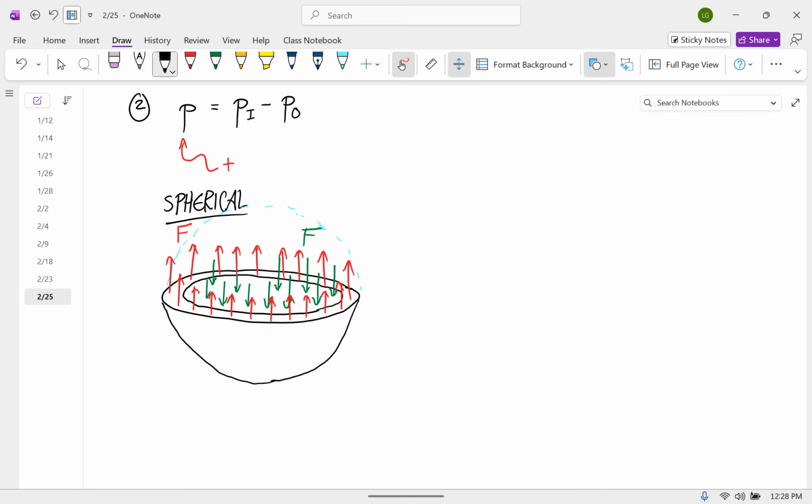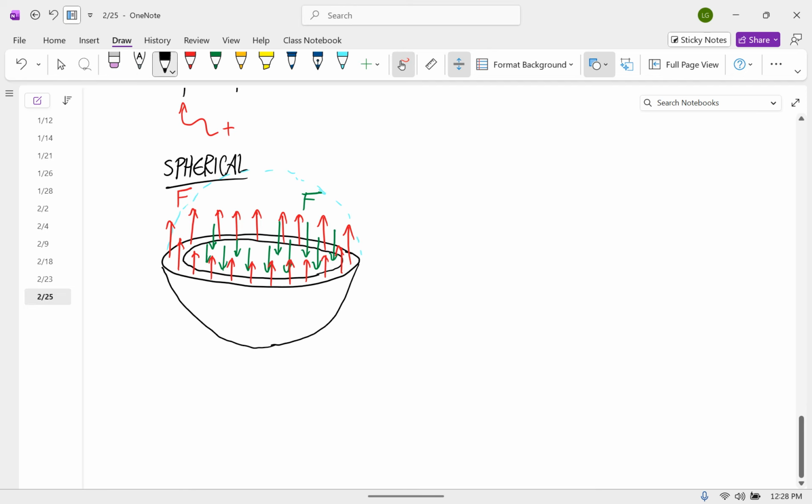So now let's see what we can do to calculate that total force that's applied by the pressure.